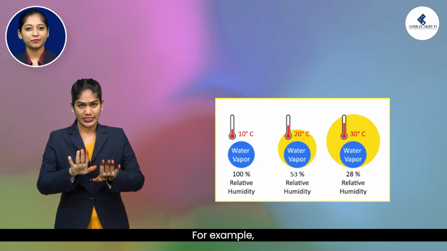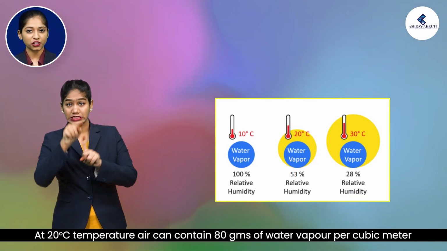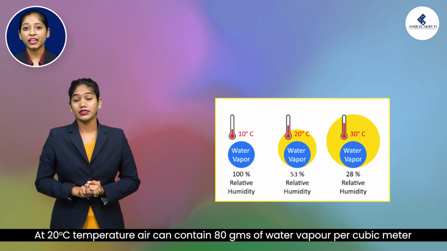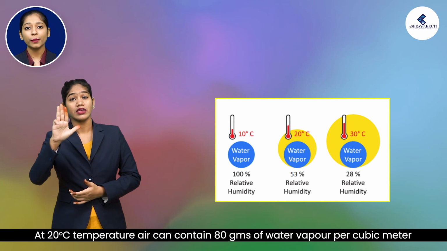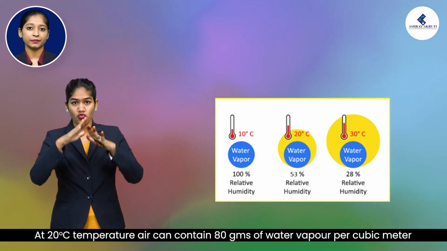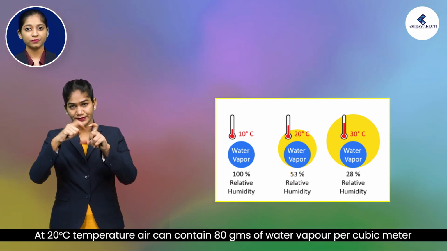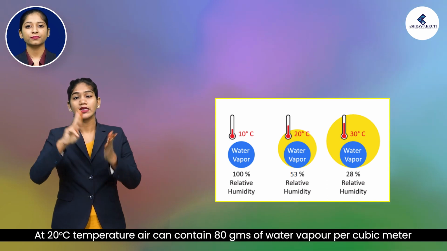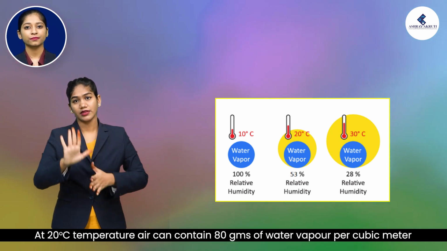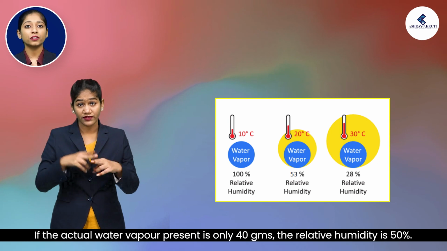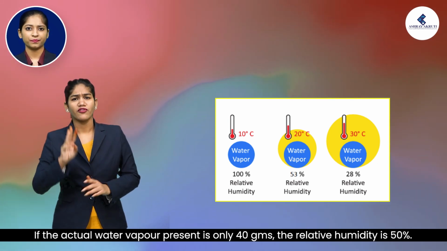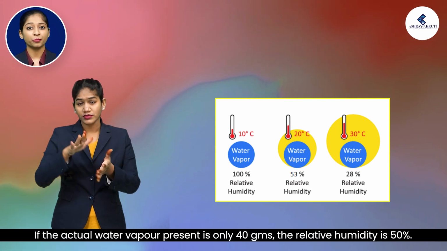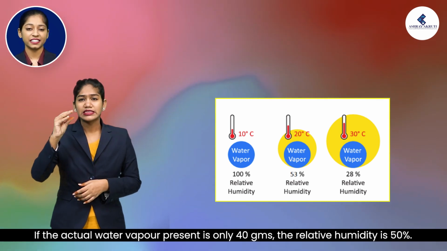For example, at 20 degrees Celsius, temperature air can contain 80 grams of water vapor per cubic meter. If the actual water vapor present is only 40 grams, the relative humidity is 50%.